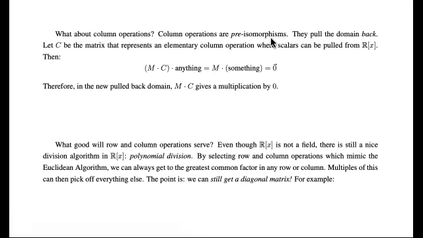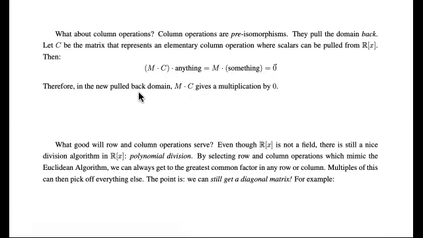Column operations, they're like pre-isomorphisms. Okay, so basically, let's see. So M, and then you do a column operation times anything is like M times something will be 0.